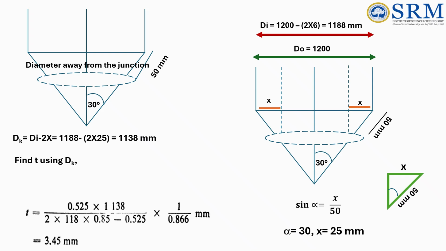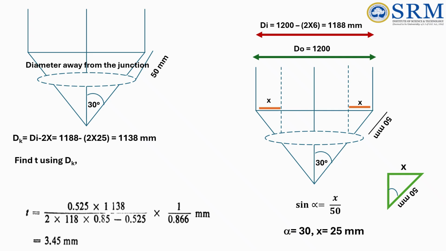The opposite side is x and the hypotenuse is 50 mm. If we calculate sine 30, which is equal to x by 50, x can be taken as 25 mm. If x is 25 mm on a single side, on both sides it is 50 mm. So we need to subtract the 50 mm from the internal diameter of the vessel.